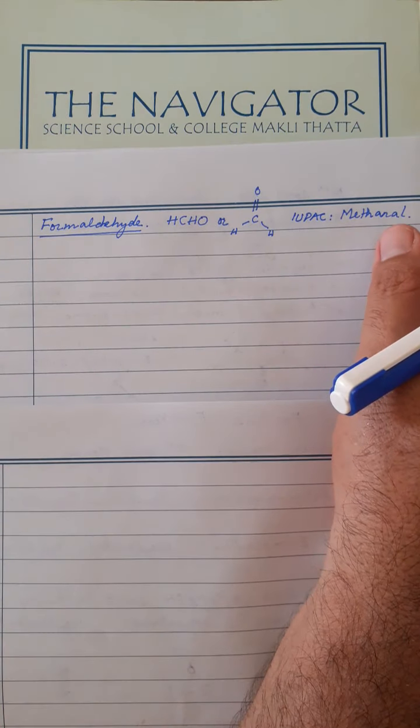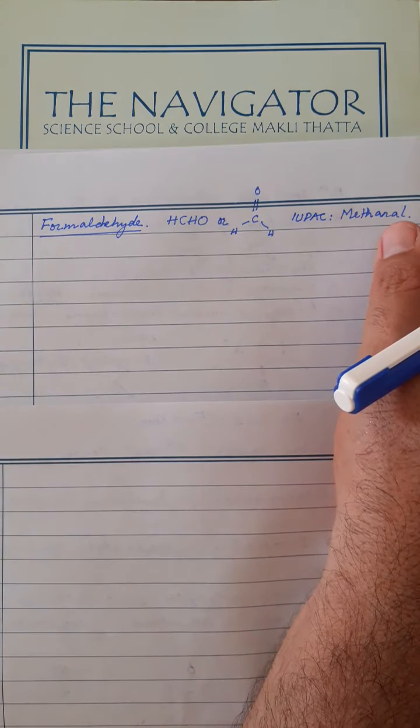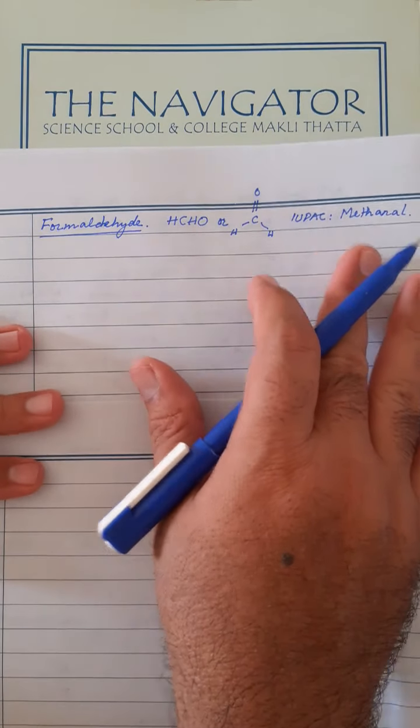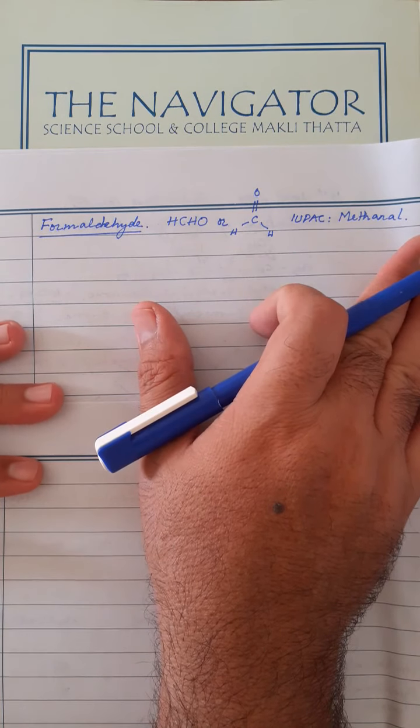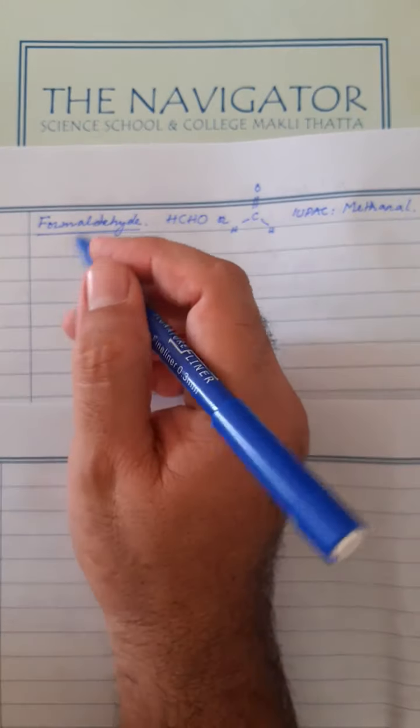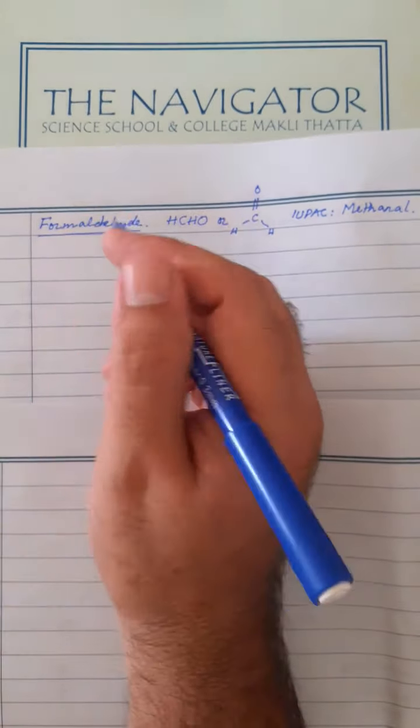Now, formaldehyde is the first aldehyde, which is the boss of the aldehydic family. And how we can make it, first I'll describe to you that what is it actually. Basically, formaldehyde is a gas. Okay, it is a gas.